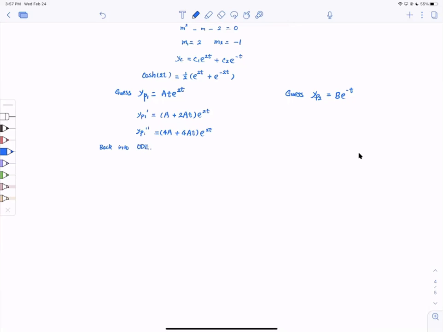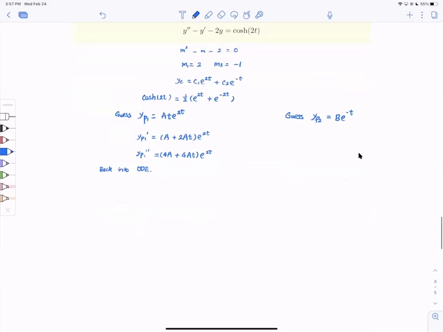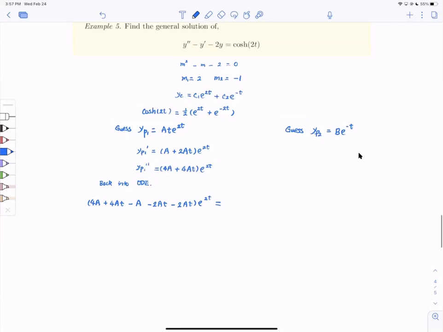You will have y prime prime, so 4a plus 4at minus a minus 2at minus 2at e to the 2t, which is 3a e to the 2t, which equals 1 over 2 e to the 2t.